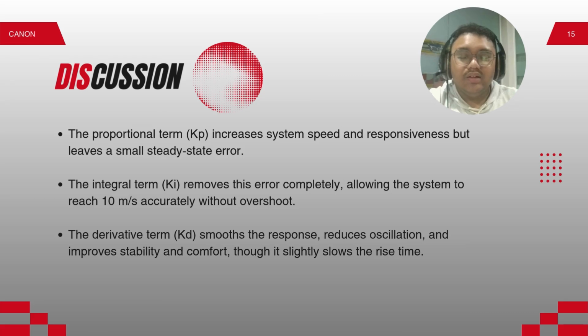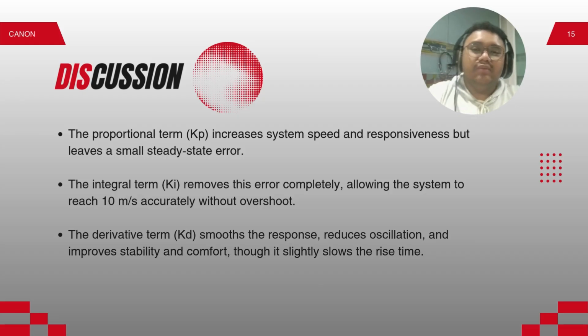Second, the integral term Ki work to remove this steady state error completely. With Ki added, the system can reach the target value 10 meter per second accurately and without any overshoot. This made the system both precise and reliable.